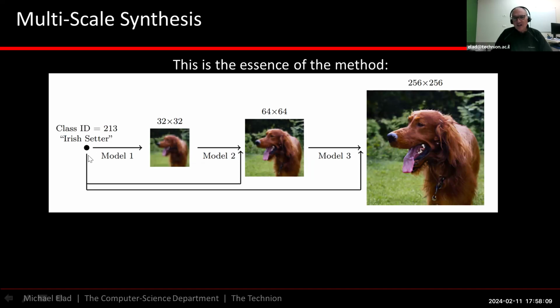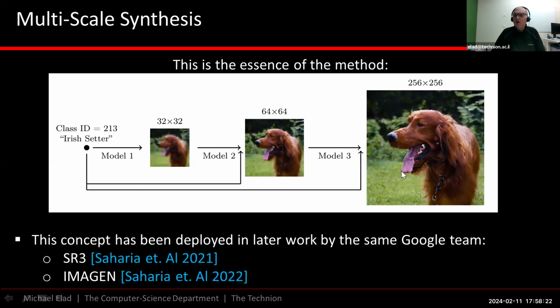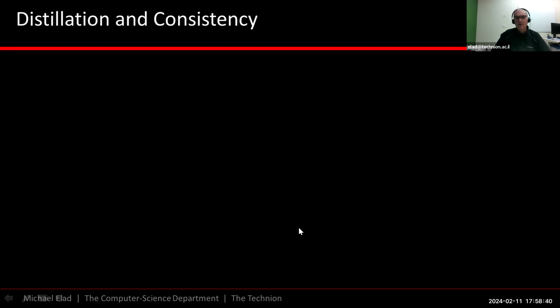Here, specifically, they inject the knowledge about the class to the next models so that the image insists on remaining relevant to this class. This is the idea. It has been practiced a lot with GANs before, and it is being practiced in Imagen. We'll talk about Imagen next week. So it's a lovely idea, and it's simply one that works, so simple to apply, and it is a speed-up approach.